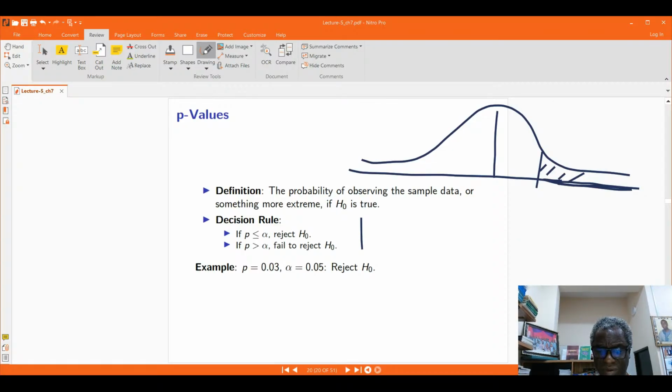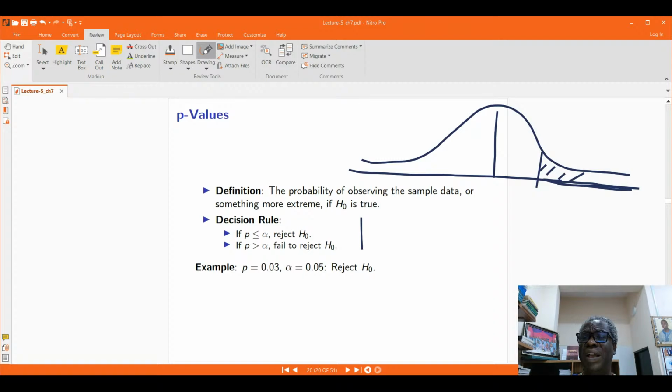So the p-value helps to decide whether we should reject the null, H naught, or whether we should fail to reject the null.